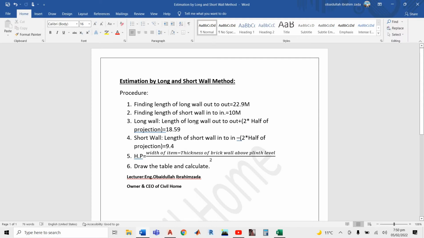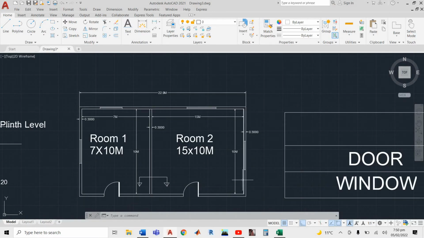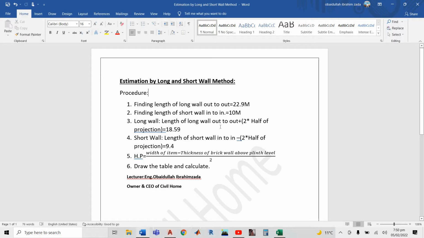Now you have to get 22.9 plus 0.6, the half of projection that you got. You get this value. For the short wall, the sign is different. Look at here how we can find the total length of the short wall. The length of short wall end to end that we found here, 10, minus 2 times half projection.